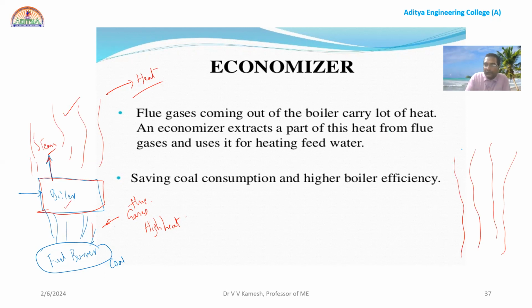So what I will do, I need to place something in the path of the gases. Suppose I put some plate or some pipe or my hand, anything, automatically it gets heated. So some of the energy is transferred to this particular system.